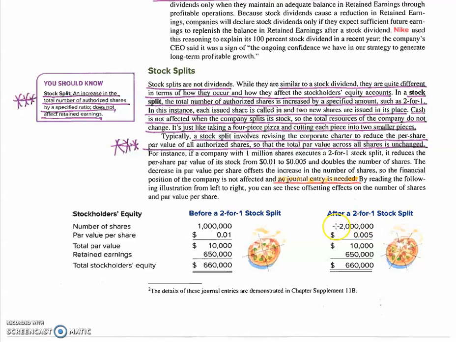After the stock split, we now have 2 million shares at a 0.5 cent par value, still a total par value of $10,000. Retained earnings did not change because we don't record any dividend or anything like that, and total stockholders' equity did not change. Now notice they left out additional paid-in capital here, which you would expect to have, but it's unimportant to what they're illustrating.